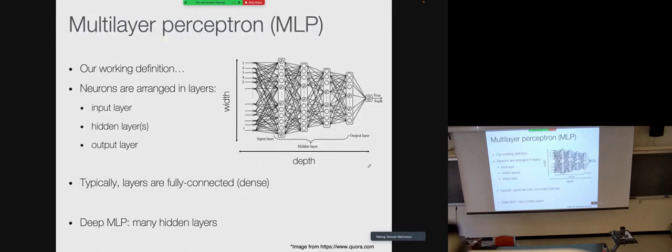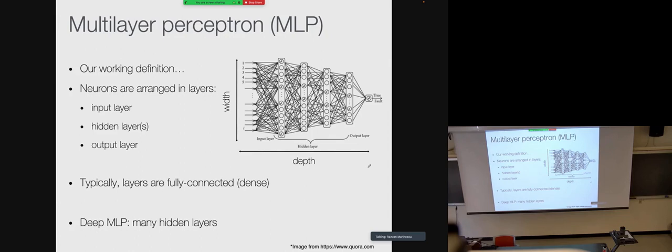The multi-layer perceptrons. As we said earlier, the neurons are arranged into layers. For example, this is a multi-layer perceptron. We have one input layer here, a few hidden layers, 1, 2, 3, and an output layer at the end. These are also fully connected. What we mean when such a neural network is deep is that it has many of these layers stacked together.